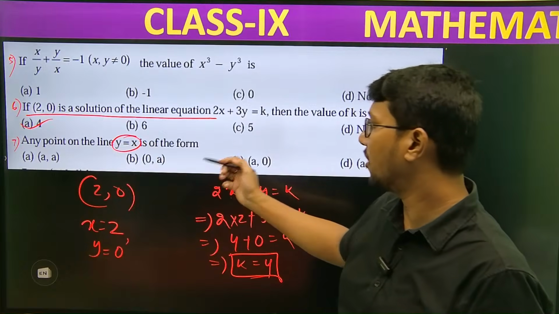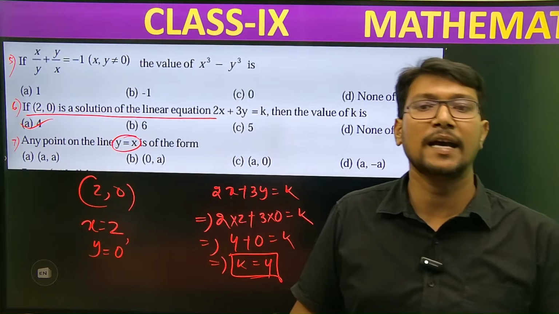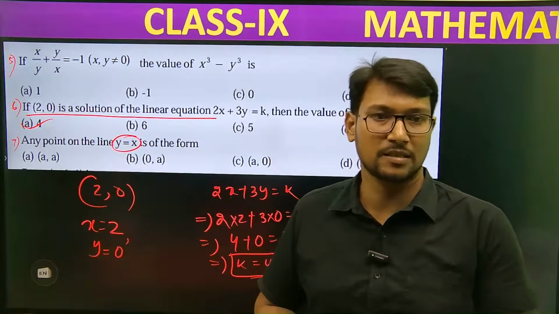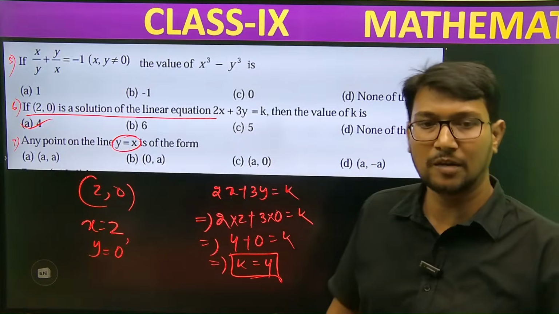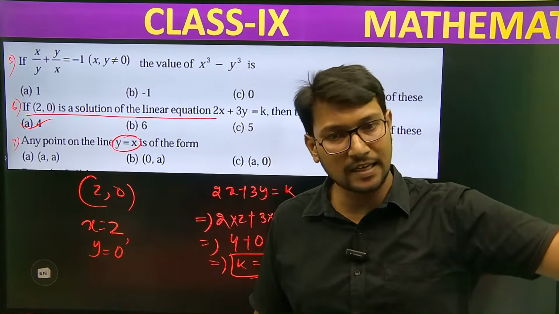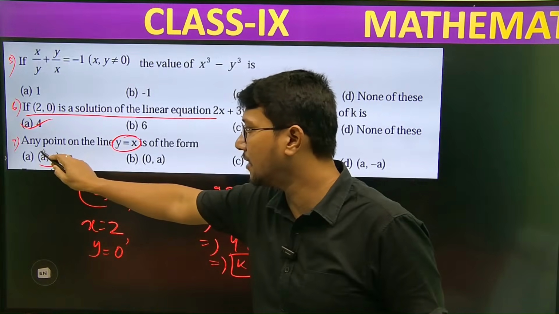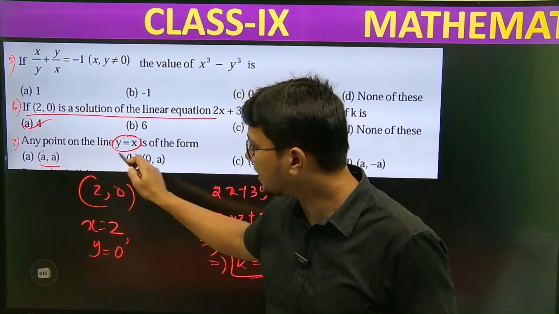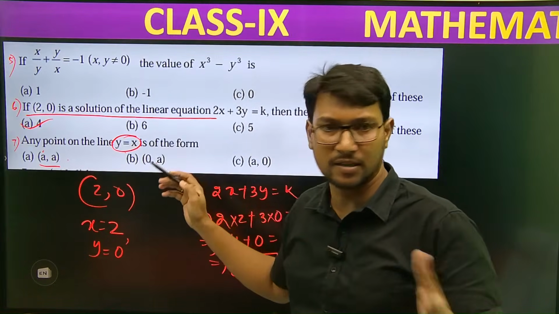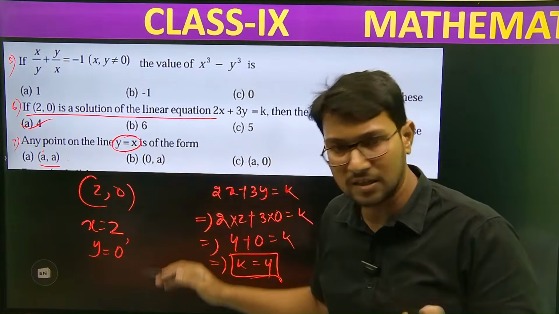Next question. Any point on the line y equals x is of the form what? Where y equals x, the y coordinate is the same as the x coordinate. Now see which option. If x is a, y is a, it is satisfying this. But (a, 0) is not satisfying, and (a, minus a) is not satisfying.